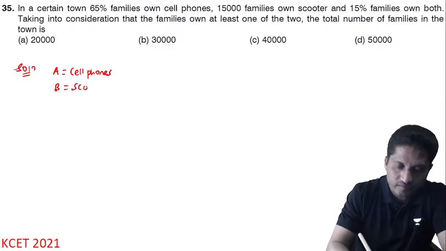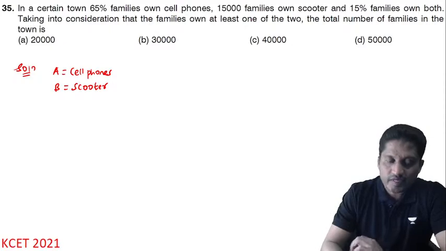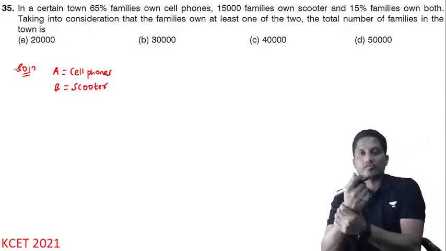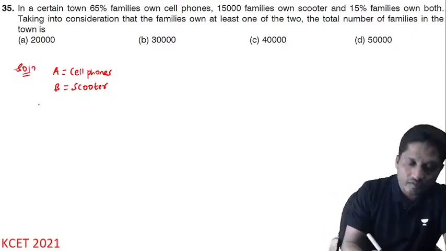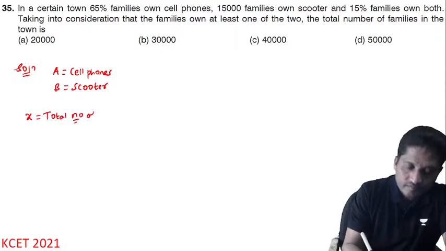Taking into consideration that families own at least one of the two, the total number of families in the town. I take X is equal to total number of families.